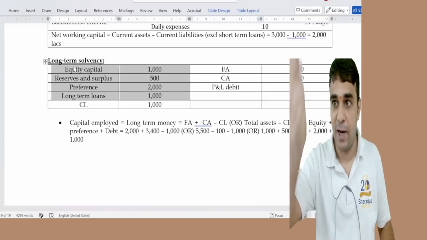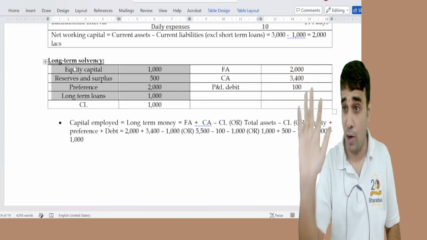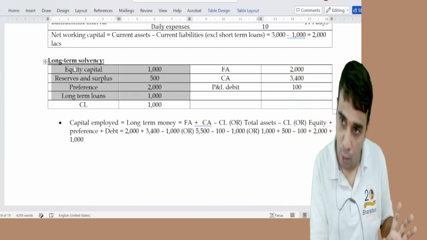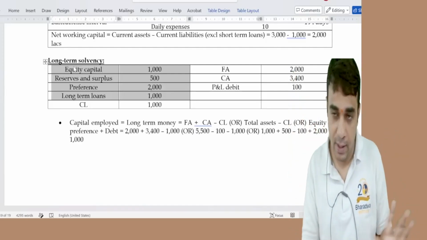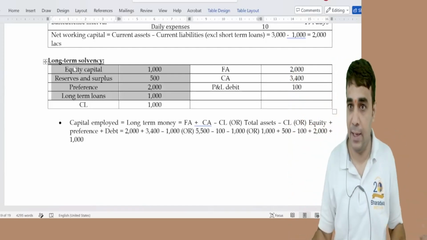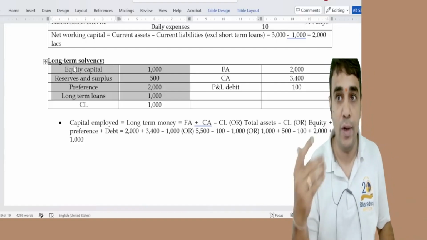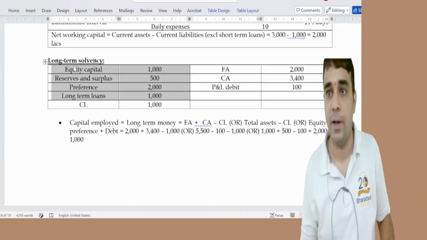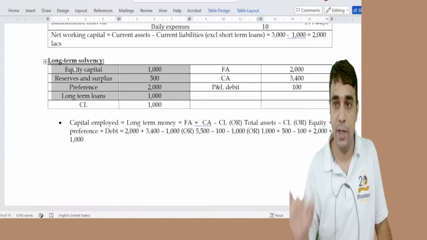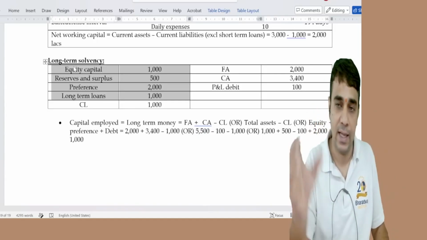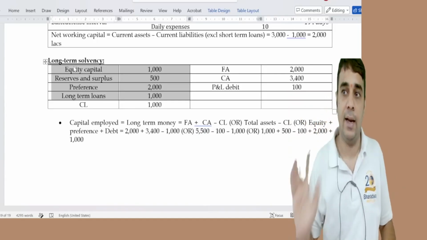Investment is part of current assets or maybe long term assets, whichever way. Add up all the good assets. The P&L debit balance is not an asset. Some authors are of the view that goodwill also is to be removed, as goodwill is also not part of the real assets of the company. So it all depends on what is the real asset. Add everything, deduct current liability.